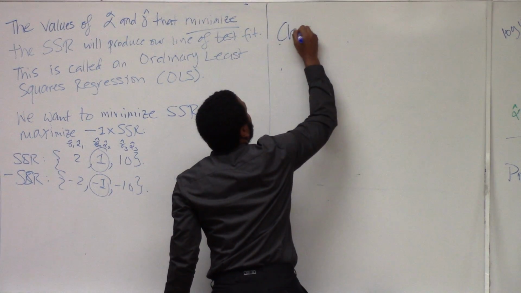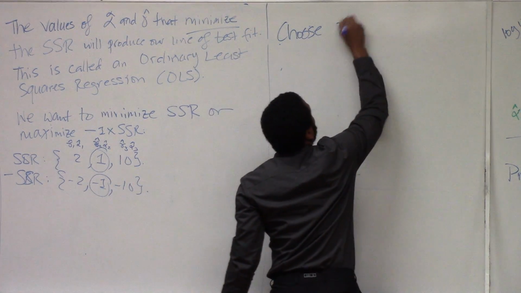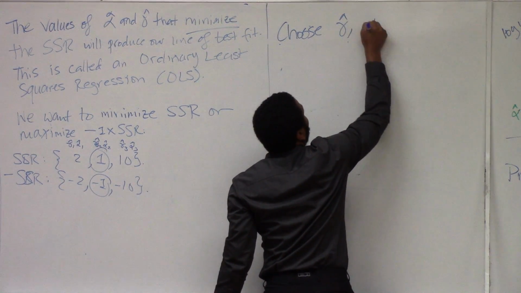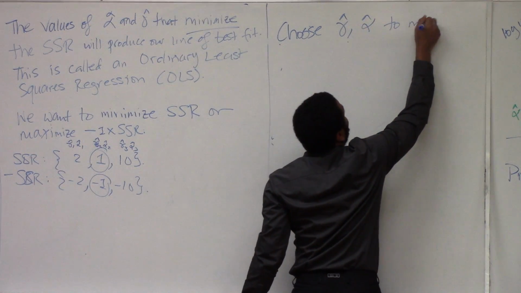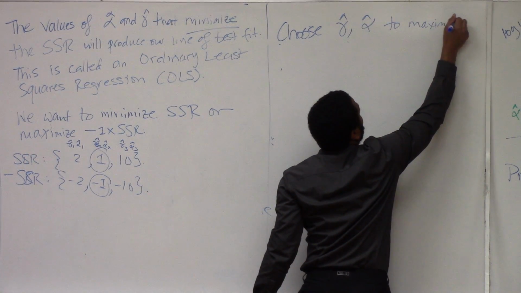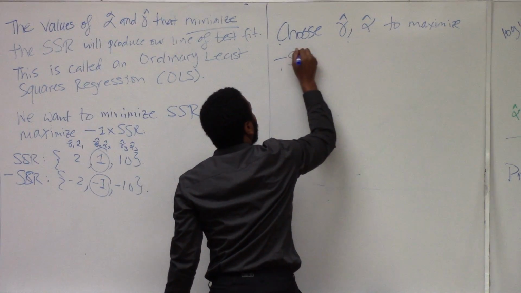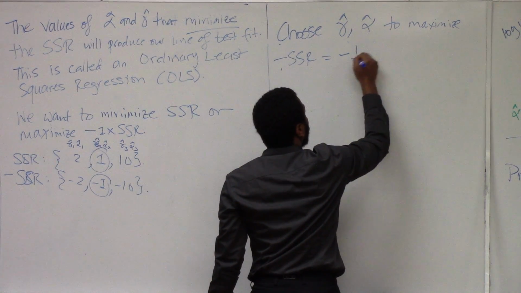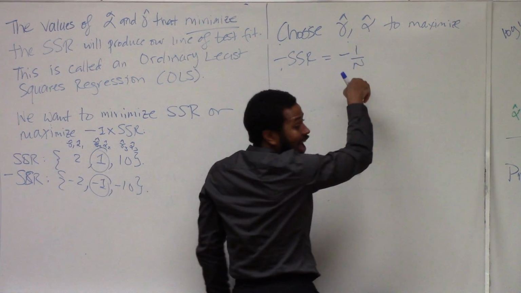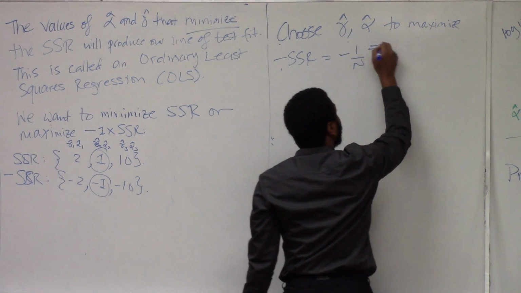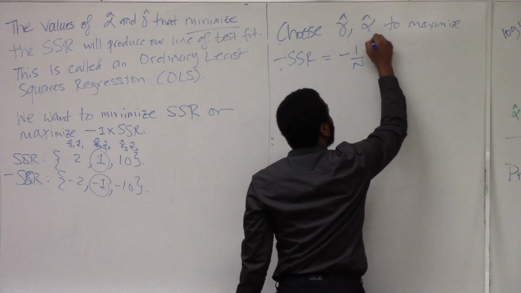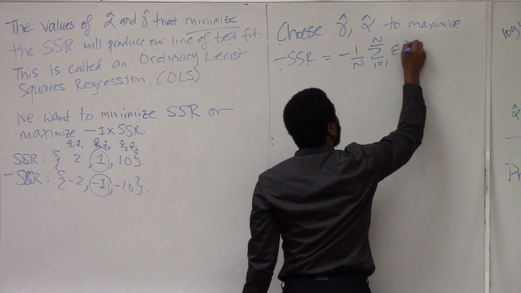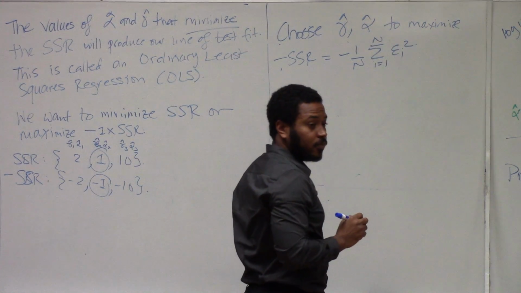We choose gamma hat, alpha hat, to maximize minus SSR, which is the same thing as minus 1 over n times the sum, and this really is the average of the squared residuals, from i equals 1 to n of epsilon i squared, right?